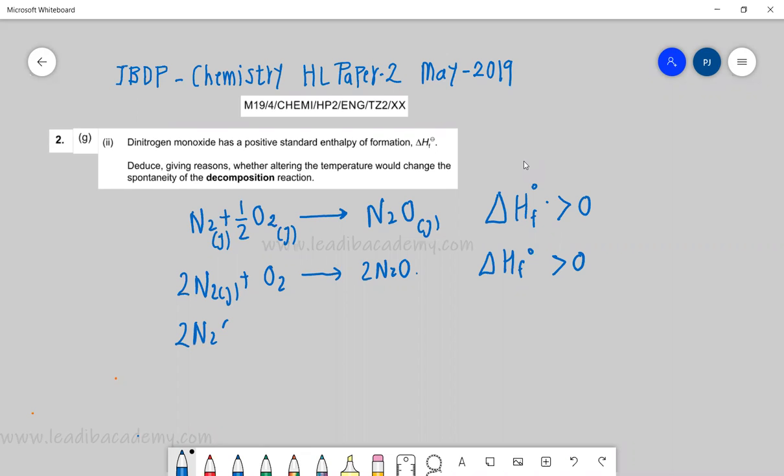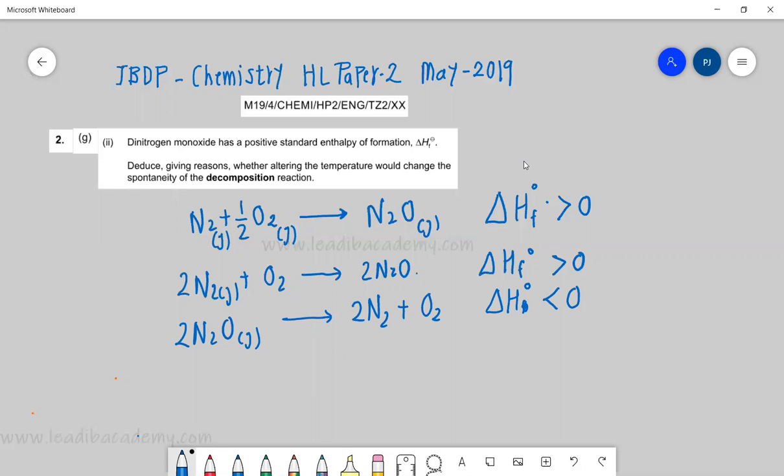So 2 N2O gaseous gives twice N2 plus O2. Obviously now the delta H naught of this reaction will change sign.